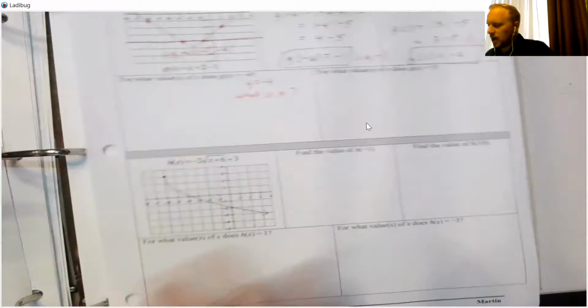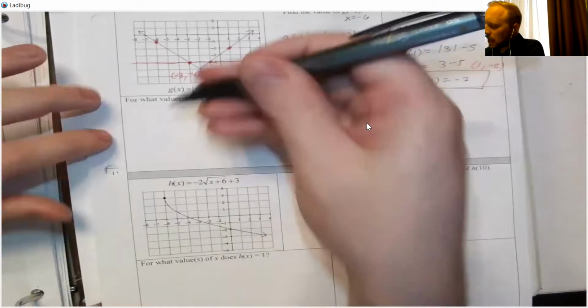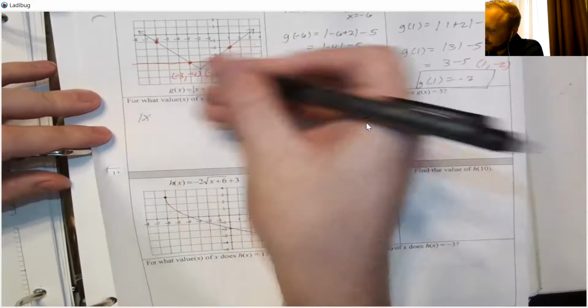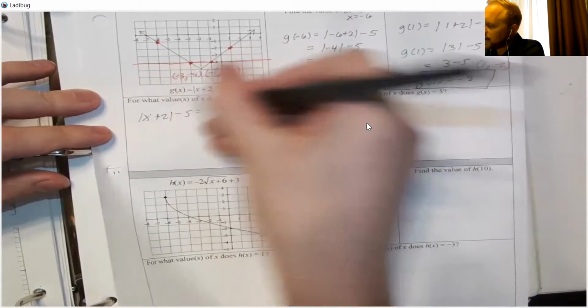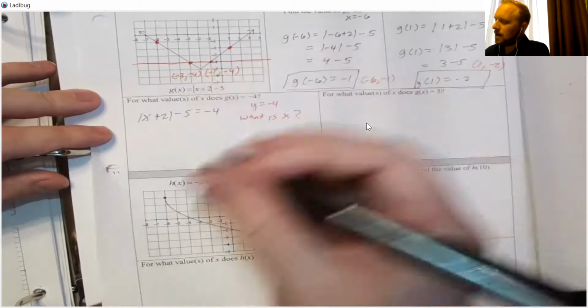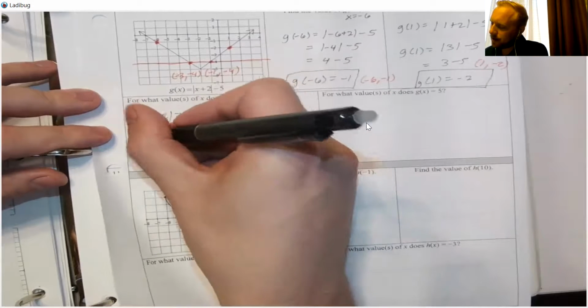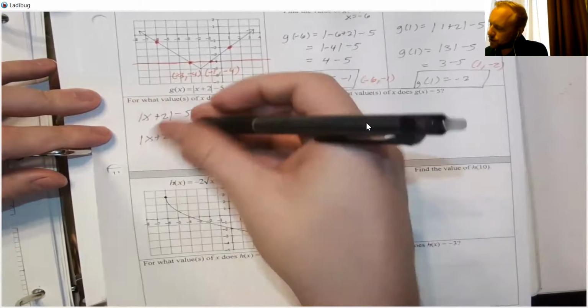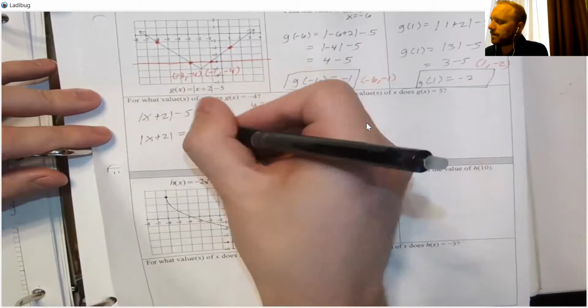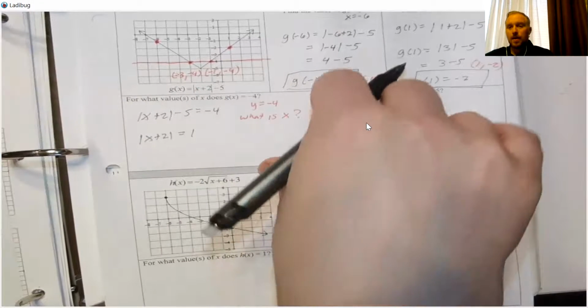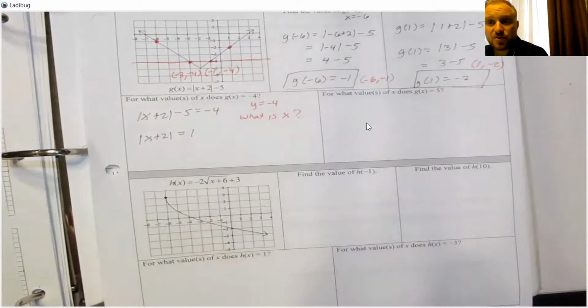But let's actually do the math. Okay. So how we're going to do this math is we're going to take our g of x, which is the absolute value of x plus 2, minus 5. We're going to set it equal to -4. Now, the first step here is we have to get rid of the -5 by adding 5. So we have the absolute value of x plus 2 is equal to adding 5, that gives us 1. Now, whenever we have absolute value, it's very similar to a square root.